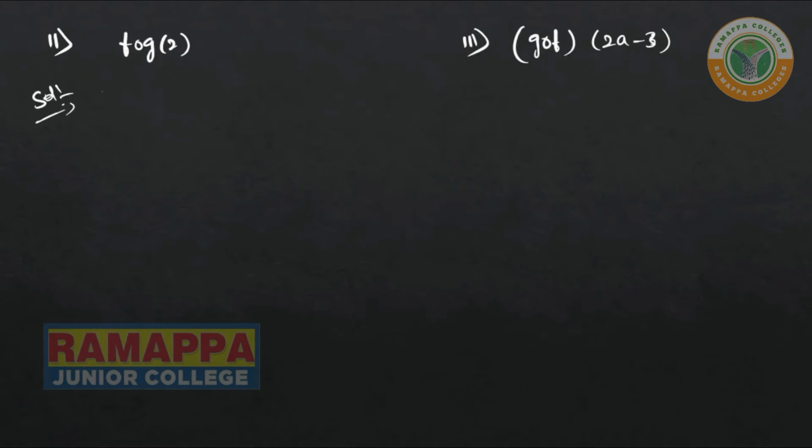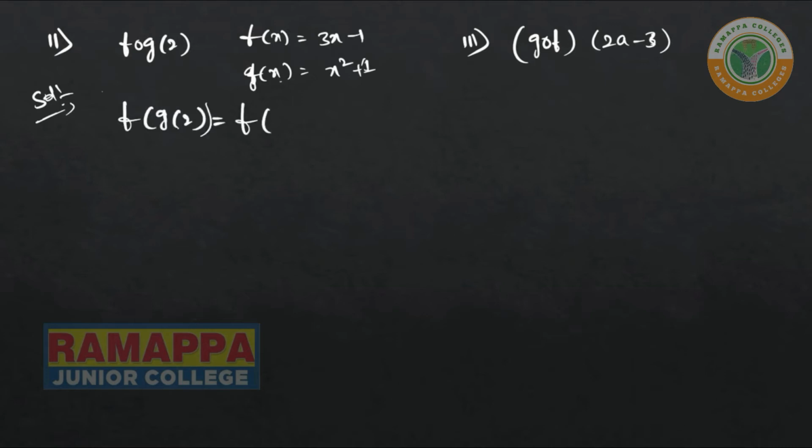Now the second question. First we write the values here. f of x is equal to 3x minus 1, and g of x is equal to x square plus 1 in the fourth question. So f of g of 2 is equal to, we substitute the values, 2 square plus 1, and it will become f of 5. 2 square plus 1 is 5.